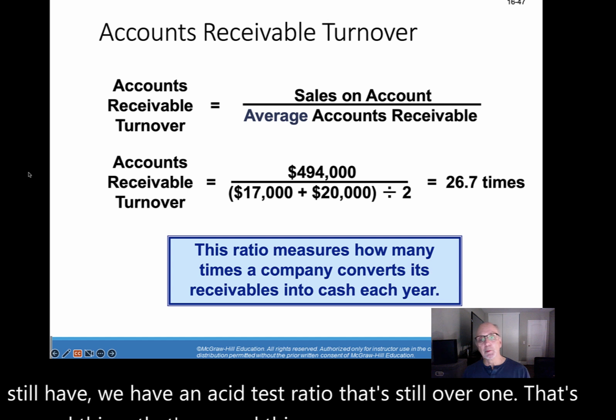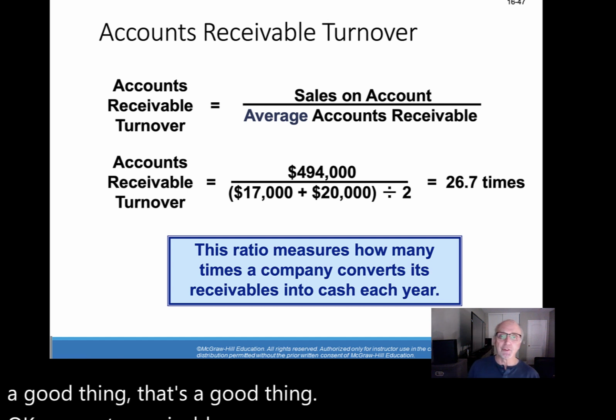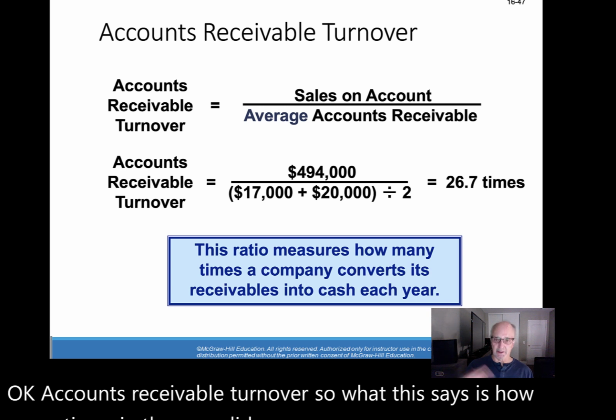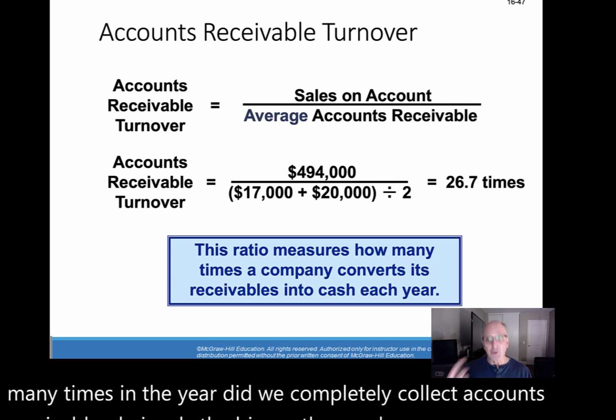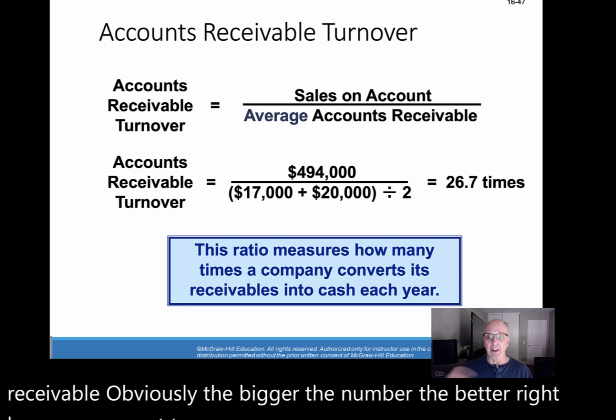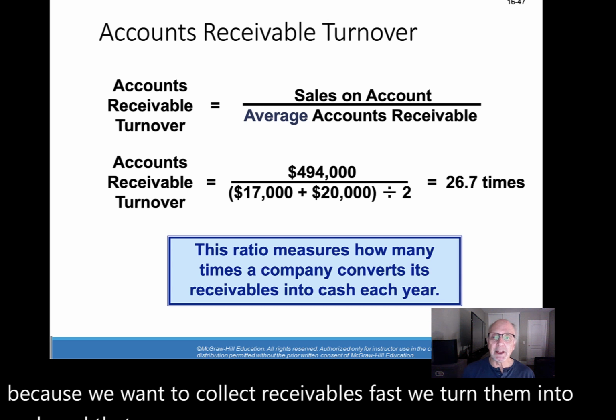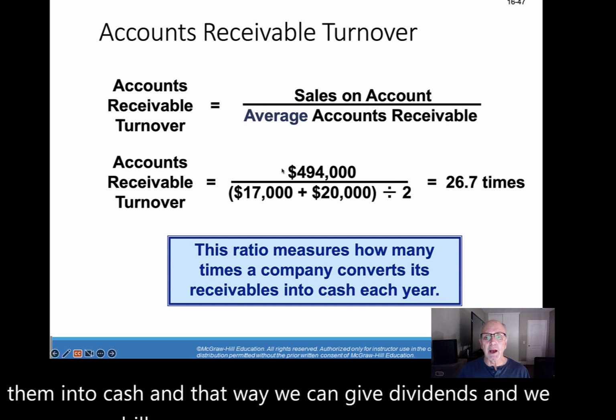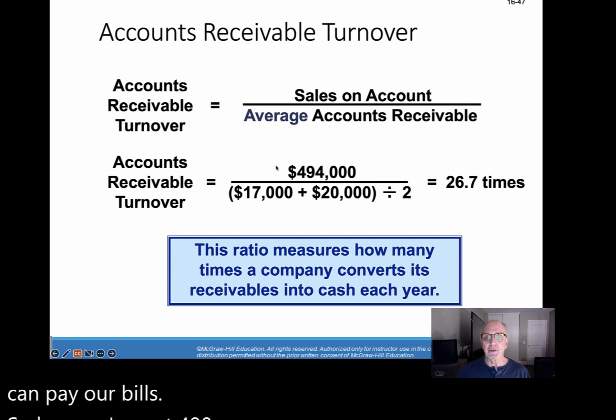Okay, accounts receivable turnover. So what this says is, how many times in the year did we completely collect accounts receivable? Obviously, the bigger the number, the better, right? Because we want to collect receivables fast. We turn them into cash, and that way we can give dividends and we can pay our bills. So here we've got $494,000 in sales on account only, not sales in cash.